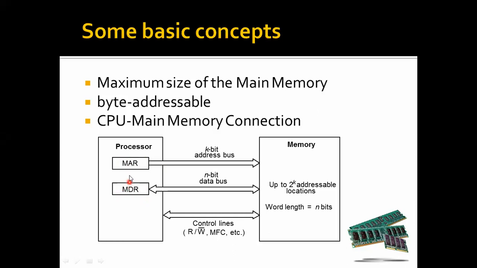If you take any program, what is meant by a program? A program has a sequence of instructions. All the instructions are stored in some memory locations, and the data required to execute those instructions are also stored in the memory locations.